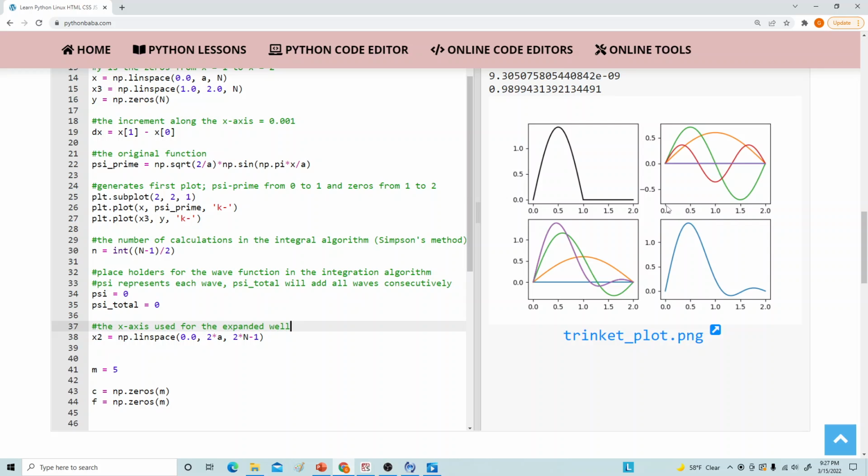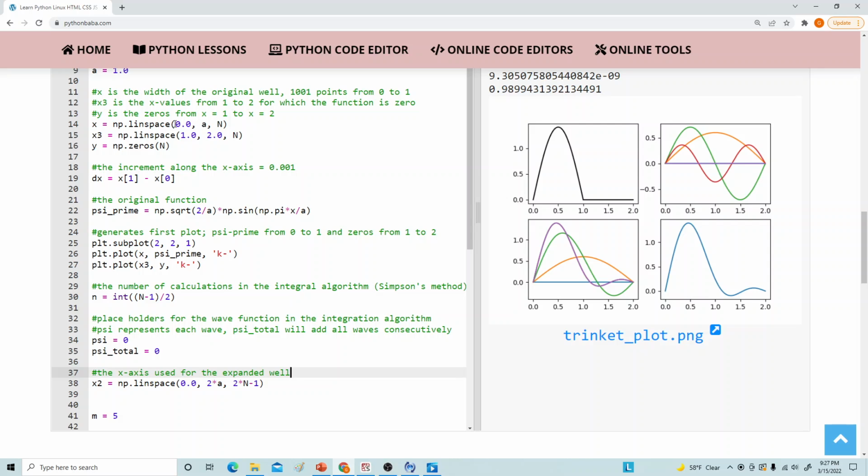Okay. So it's twice the width of the original well, which was from 0 to 1. And this 2n minus 1 ensures that the increment will be the same length, right? Because I need 2001 points now if I want the increment to stay the same. Because, again, if I start at 0.001, it would take 2,000 points to get to 2, but the indexing starts at 0, so that gives me 2001 points.